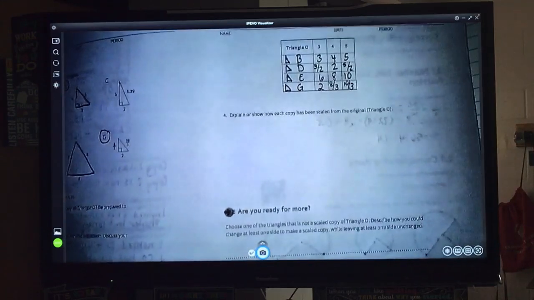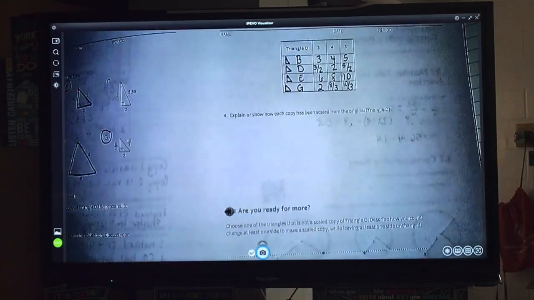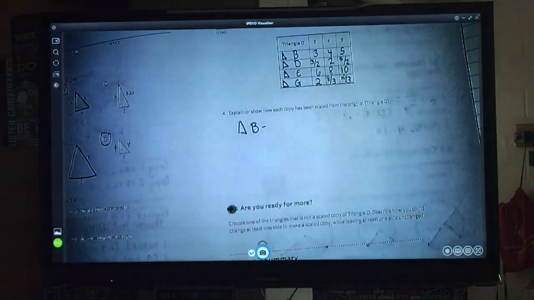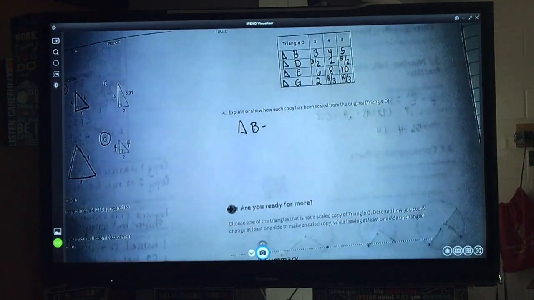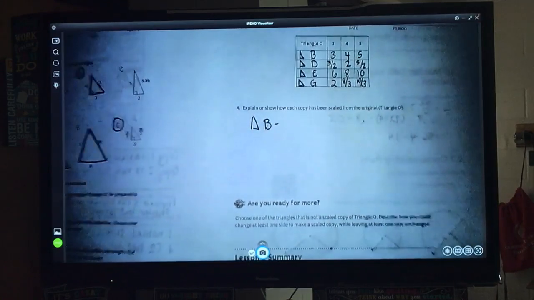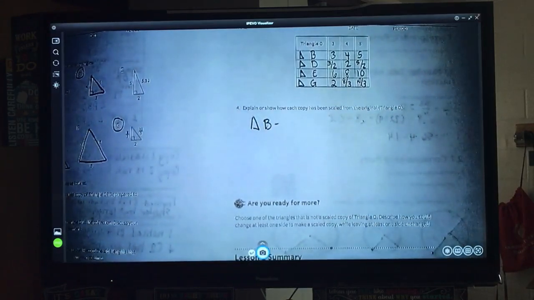All right, and number 4 says explain or show how each copy has been scaled from the original. So with this one, you're telling me, for example, how is triangle B scaled to the original? Mason? Exactly. It's the exact same.